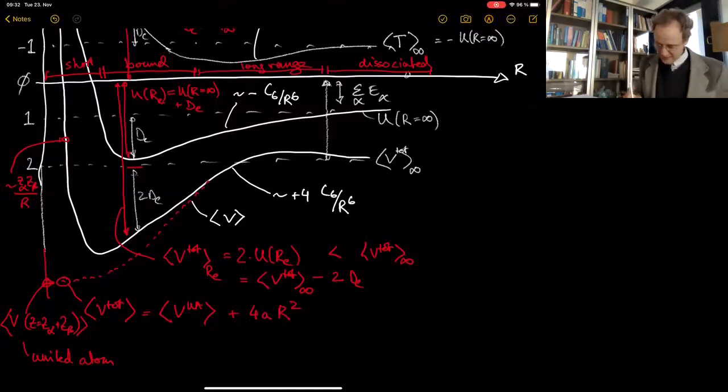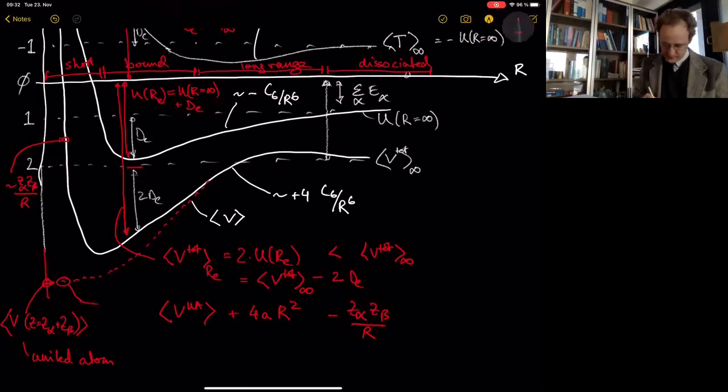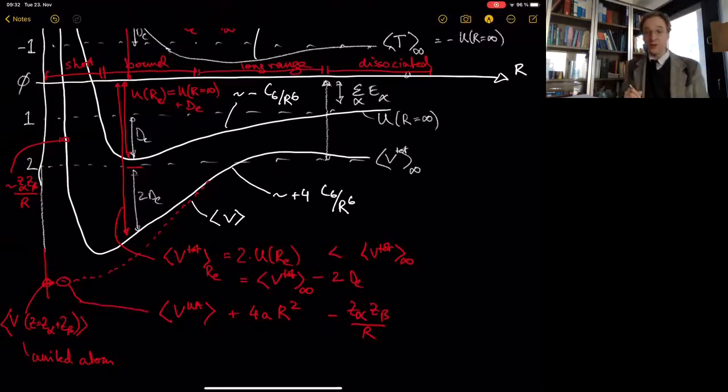And now we subtract the diverging phase. Right. So that would correspond to this dotted curve here.